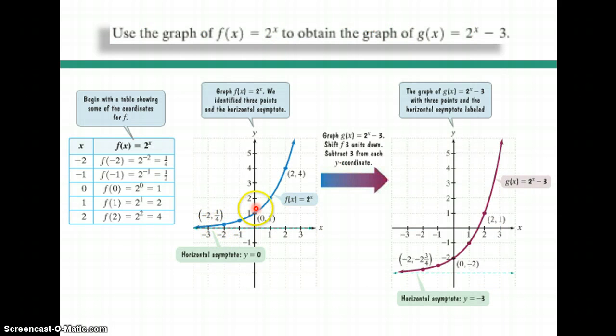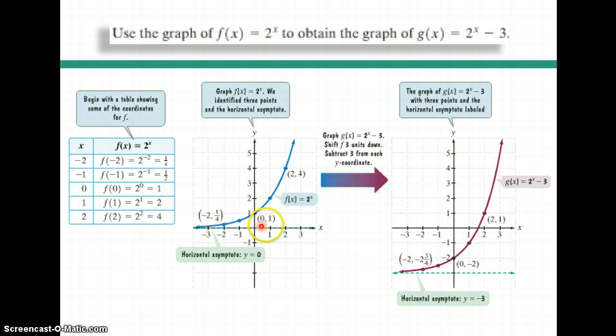This is the graph of exponential function 2 to the power x, which intersect the y-axis at 0 and 1. The y-intercept is y equal to 1.